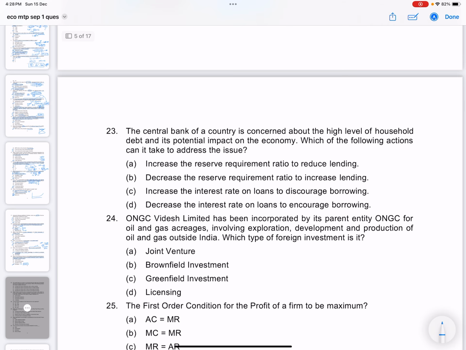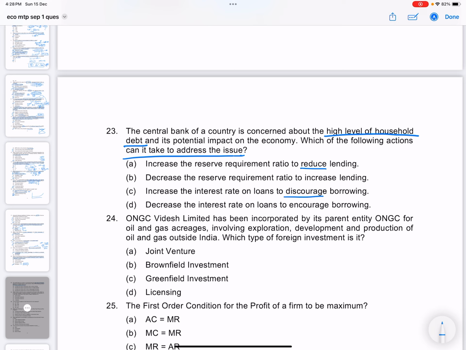Now, the central bank of a country is concerned about high level of household debt and its potential impact on the economy. Which of the following action can it take to address the issue? Now, because there is high level of household debt, so lending is more. So they need to reduce the lending.